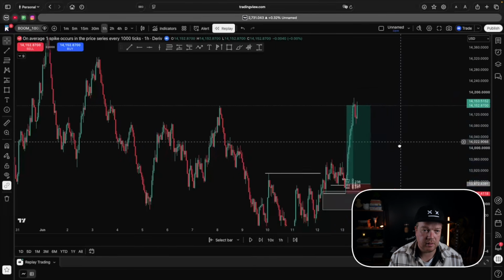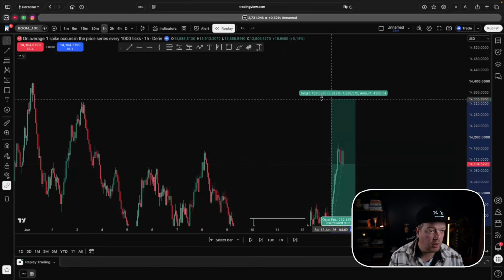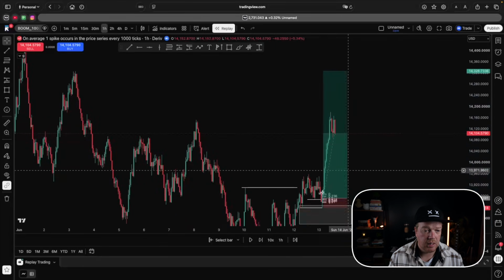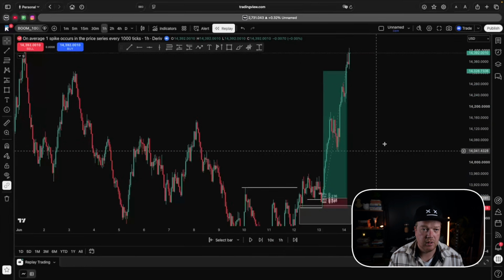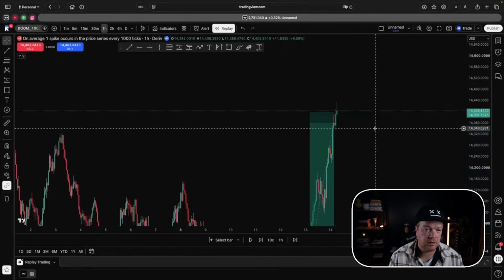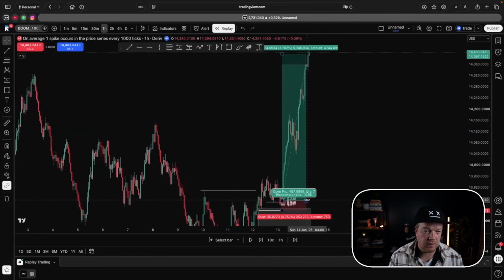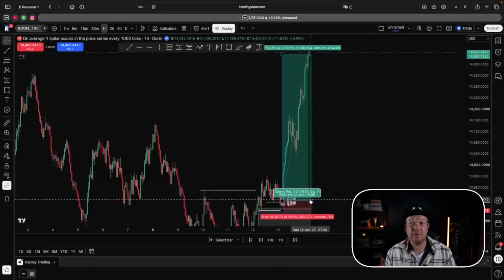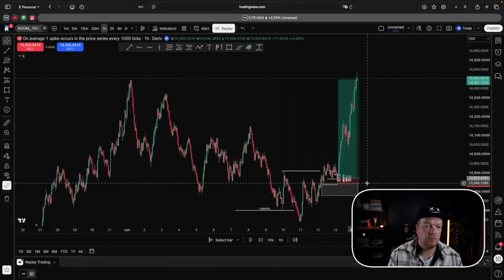Let's see if we get tagged. Yes. Let's mark out this high right over there. And these are levels where I would take partial profits. We got smashed right over there. And the last high, as you can see, we took the profit there. So there you have a nice 14 or 15 risk to reward trade.